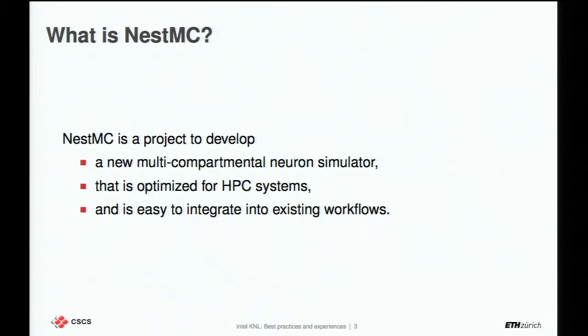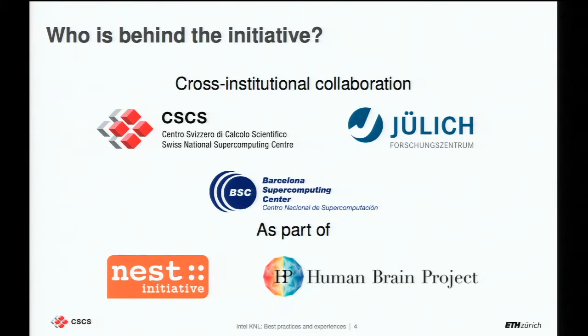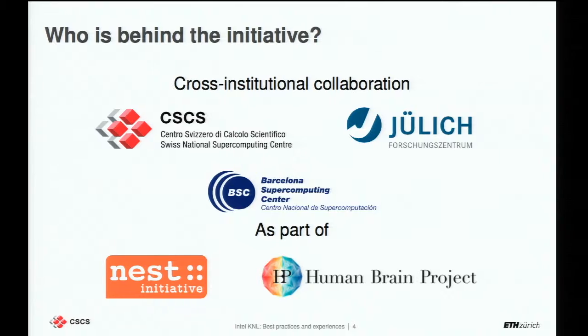This is basically a collaboration between different HPC centers: our center, ULIH, and BSC. It's also part of the Human Brain Project at the NEST initiative. NEST is, again, a neurosimulation code that mostly focuses on large simulations and not just on what's going on inside each neuron in its cell.